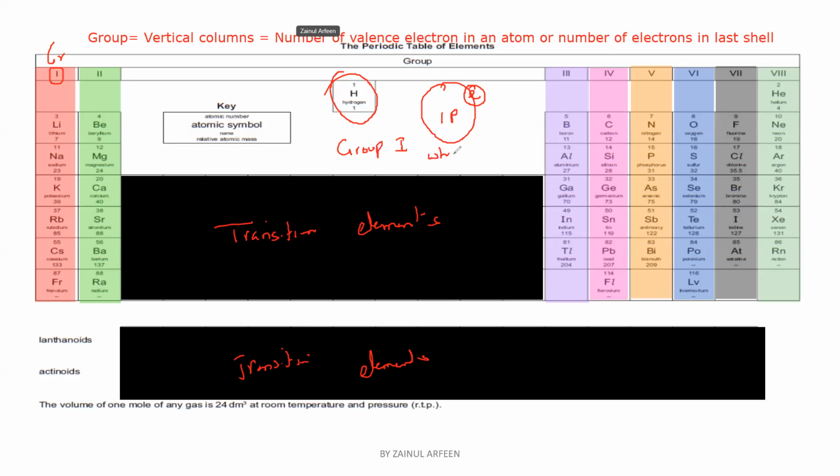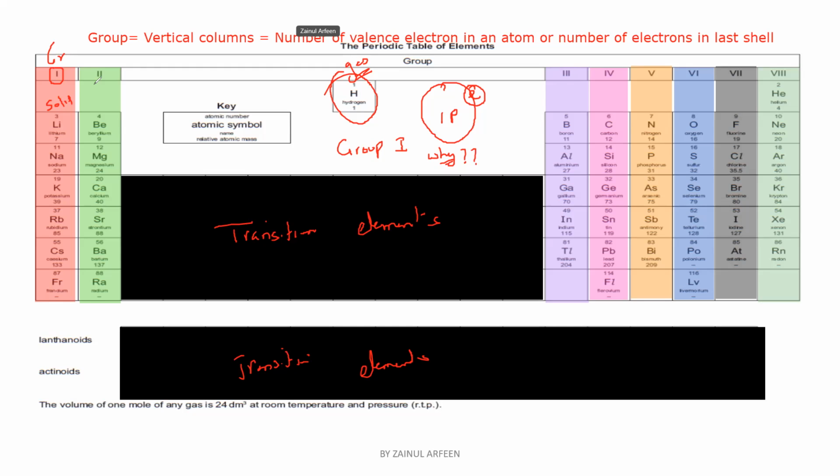But why did they not place hydrogen in group 1? Because the properties of hydrogen do not match with these elements. Hydrogen is a gas at room temperature, whereas all these metals are solid at room temperature. Chemical properties also do not match with the other elements. That's why they keep hydrogen separate from all the other elements. Is the concept of the group clear?